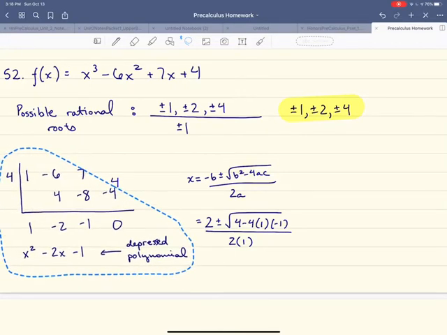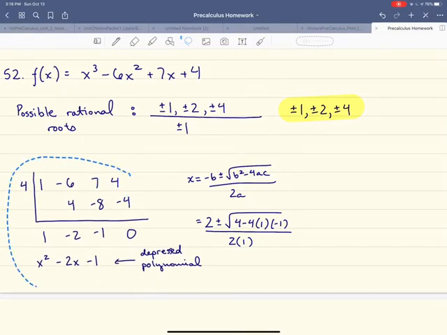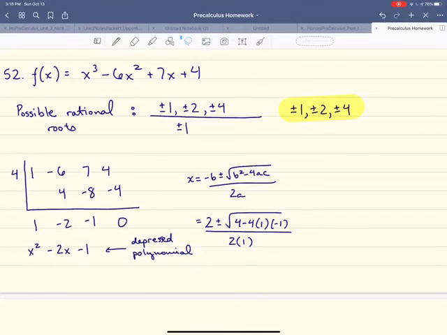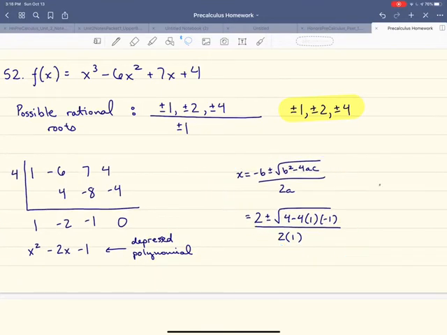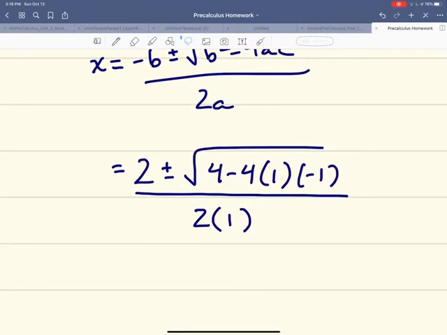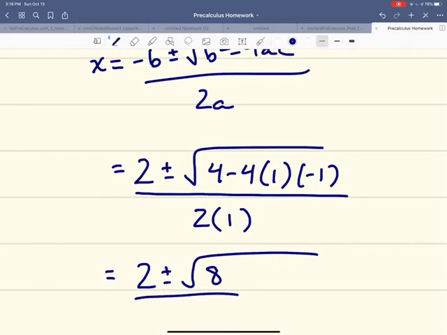Then we simplify that. And that gives us 2 plus or minus the square root of 8 over 2.